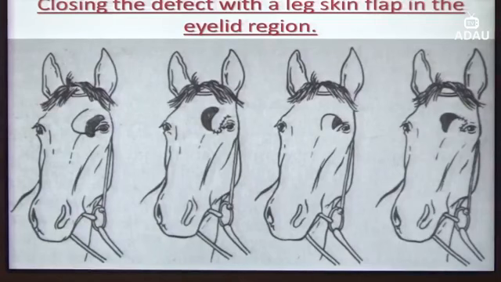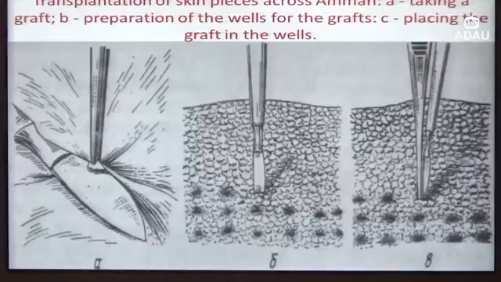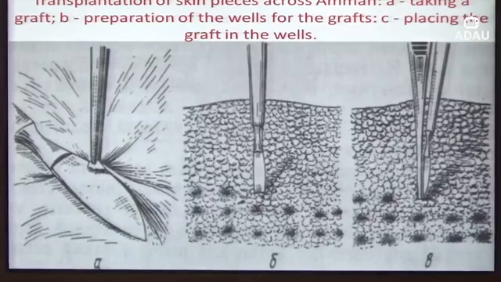After some days we can see recovery. Transplantation of skin pieces: the first picture, taking the graft; the second, preparation of the wells for the grafts; and the third, placing the graft in the wells.